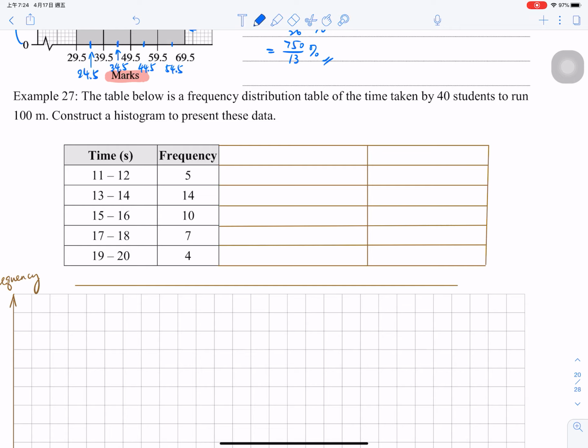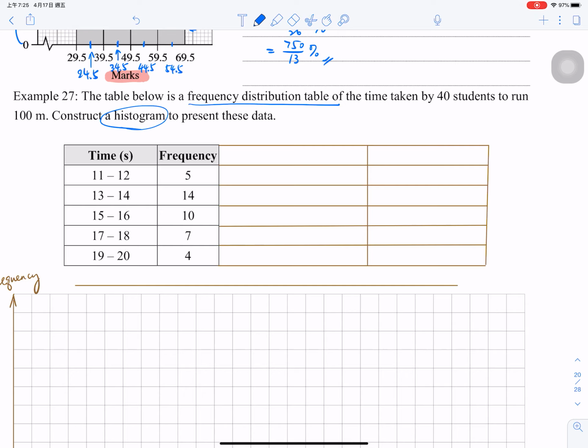Let's see. Here, the table below is a frequency distribution table, which we've learned before, of the time taken by 40 students to run 100 meters. So construct a histogram. Okay, we now need to construct a histogram to present this data.